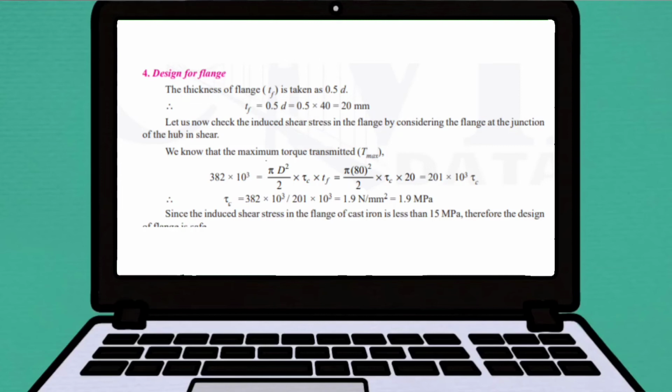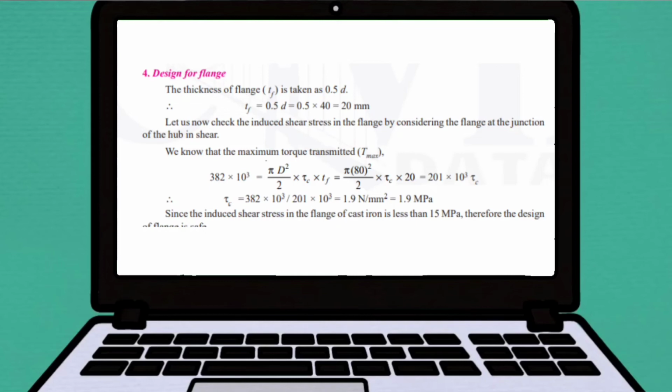Let us now check the induced shear stress in the flange by considering the flange at the junction of the hub and shaft. We know that the maximum torque transmitted, Tmax, would be equal to 382 × 10³, equivalent to πd²/2. Take note that d is the outside diameter, times τc, times the thickness of flange, equating to π × 80²/2 × τc × 20, giving 201 × 10³ τc.